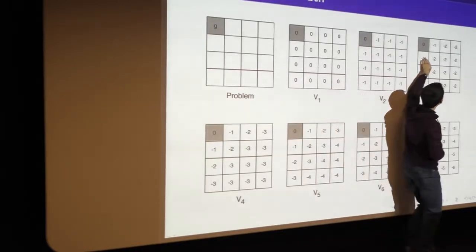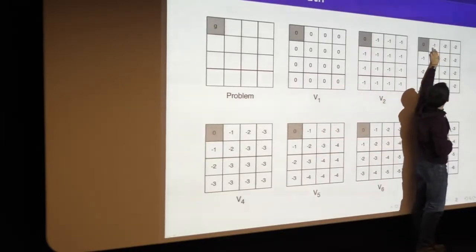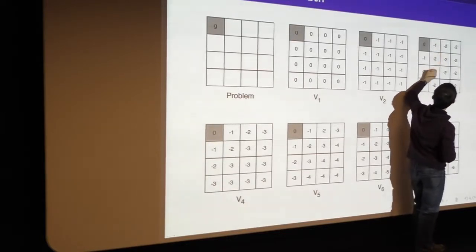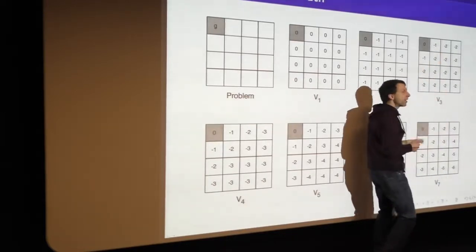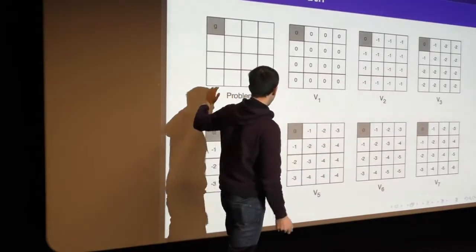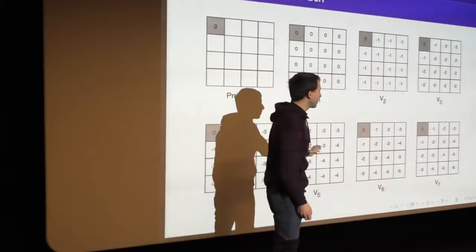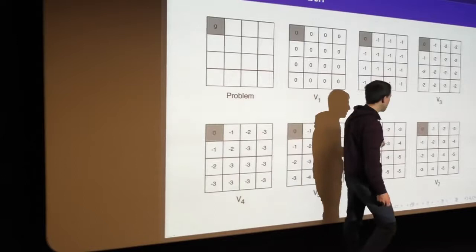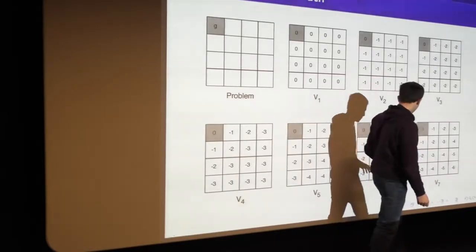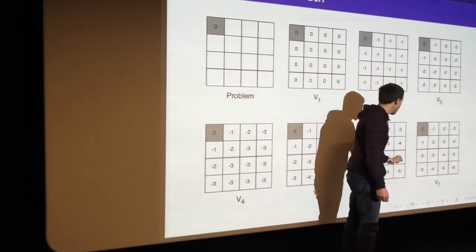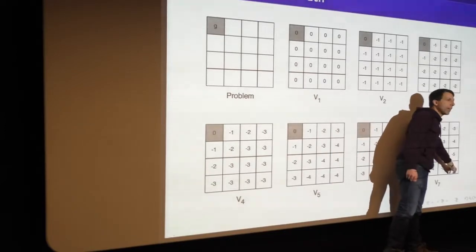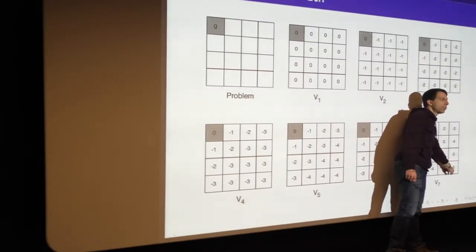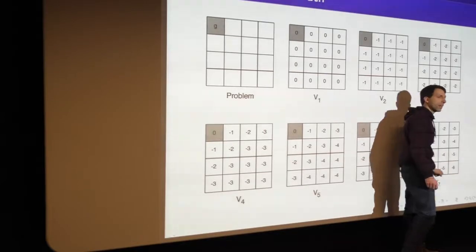Once you know it's -1 here, we know that it's -2 from this state, -2 from this state, -2 from here, -2 from here, and so forth. And so the values propagate through in successive iterations until eventually, once we've seen that it was -5 from here and -5 from here, we can do a 1-step look ahead and see that the optimal solution is -6 from this corner state here.